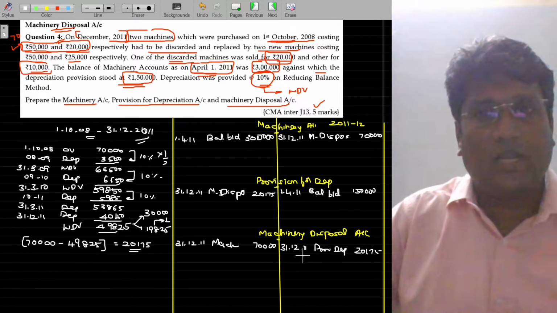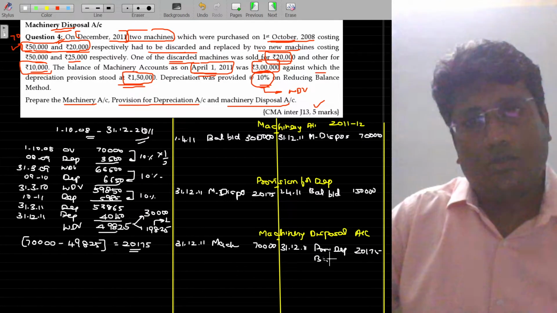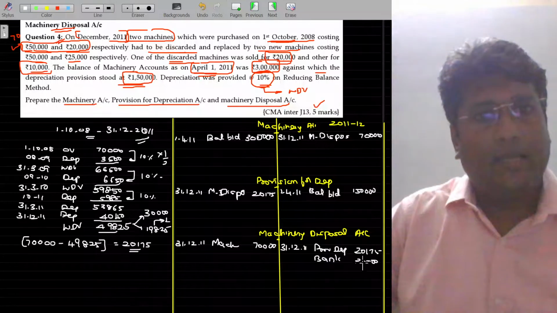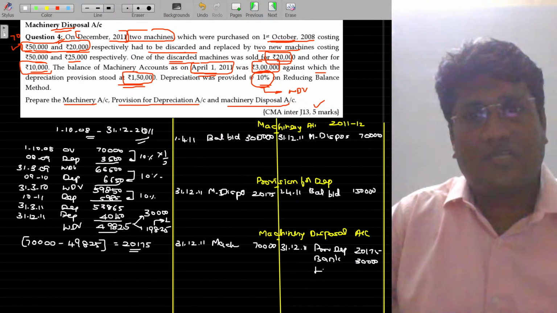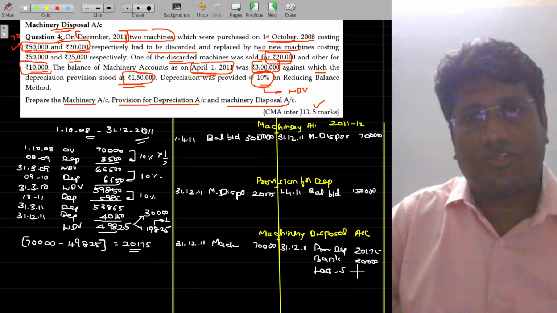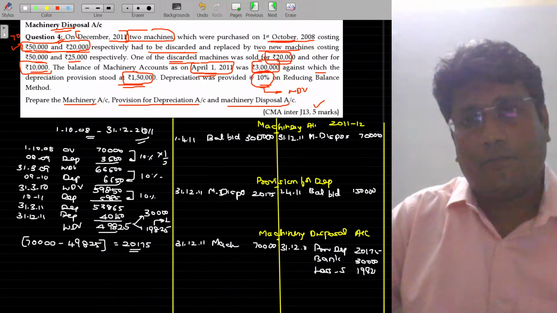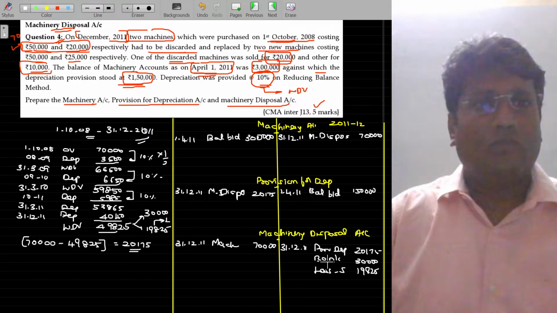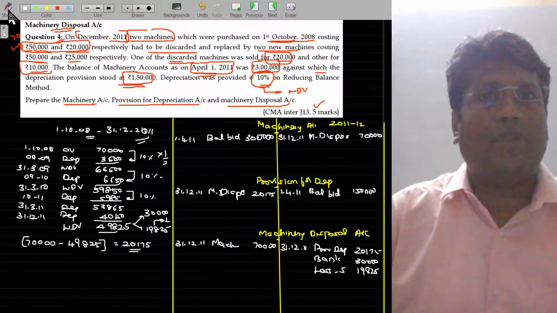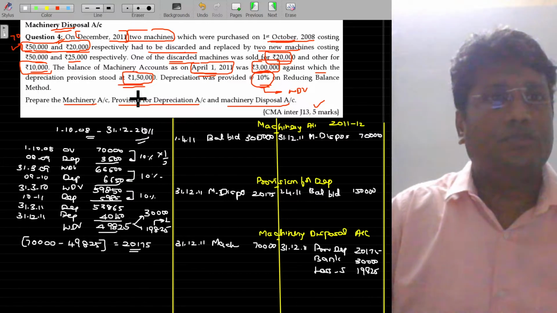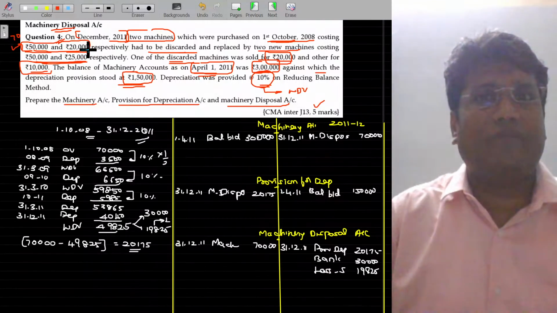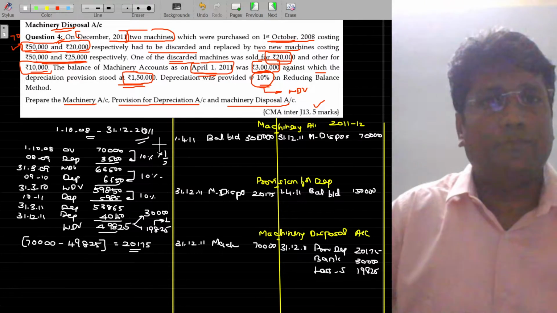Okay, on disposal I get cash to the extent of rupees 30,000, and loss on sale is also there, which is 19,825. And at the same time, we purchased new assets also, valued rupees 75,000.